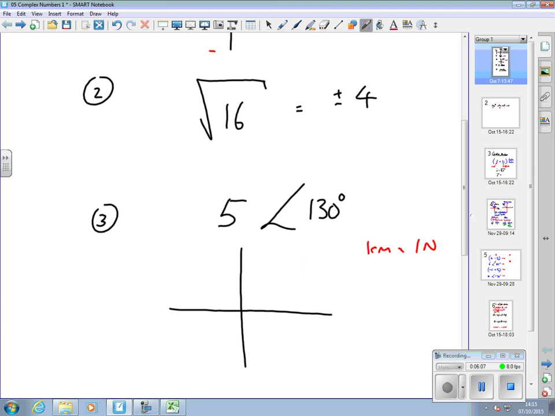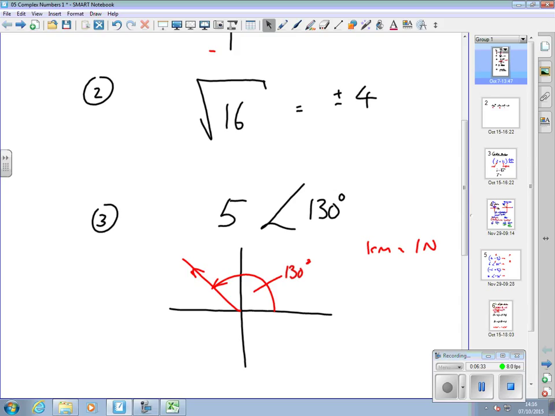So that means I have to measure around 130 degrees, so that's 90, that's 180. So guessing round about here somewhere is 130 degrees. So I'm going to draw a line out here, an angle of 130 degrees, and that line is whatever my scale is set to be. So that's the vector.